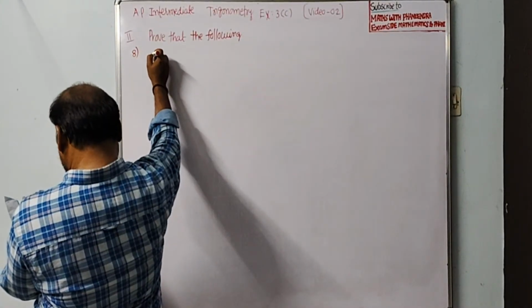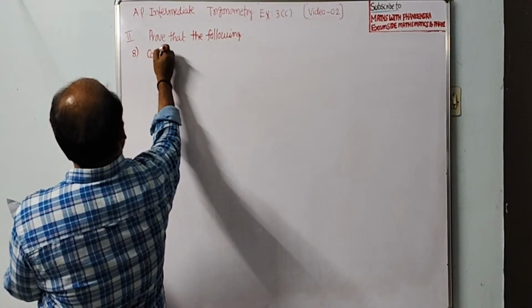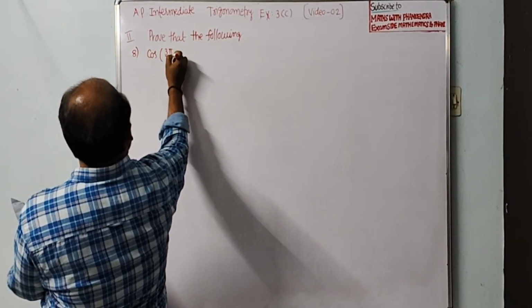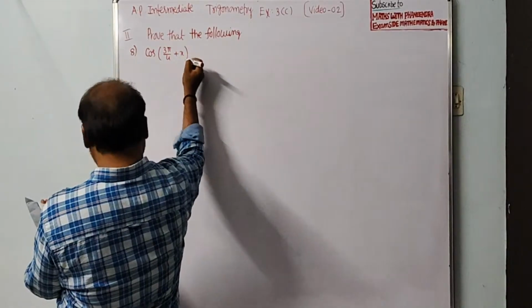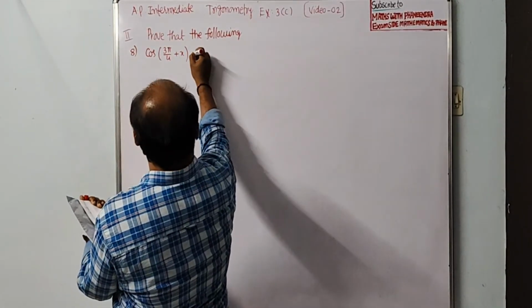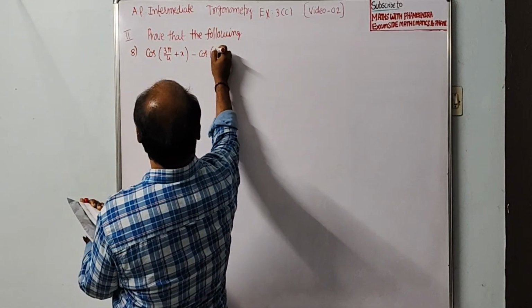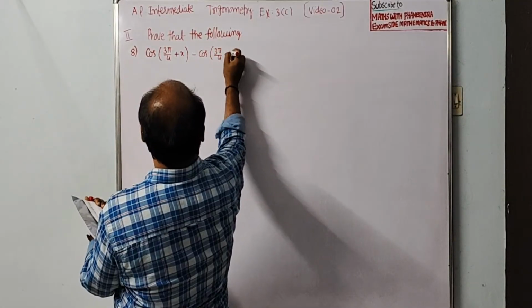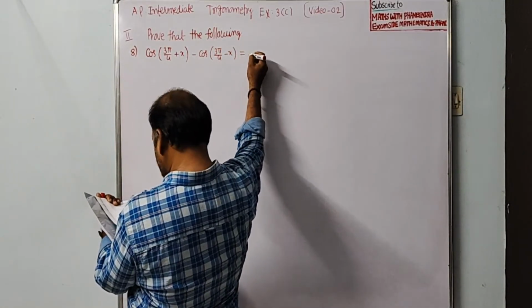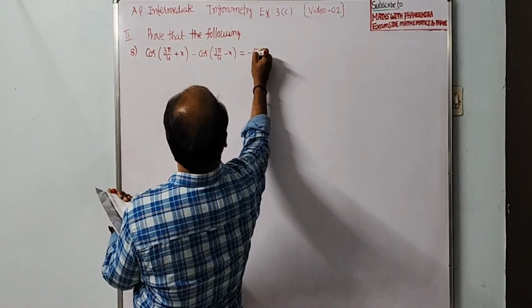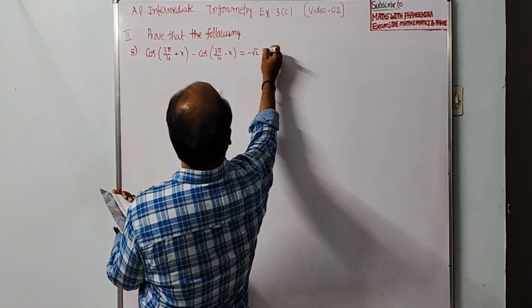Question number 8. Cos of 3 pi by 4 plus x minus cos of 3 pi by 4 minus x is equal to minus root 2 sin x.